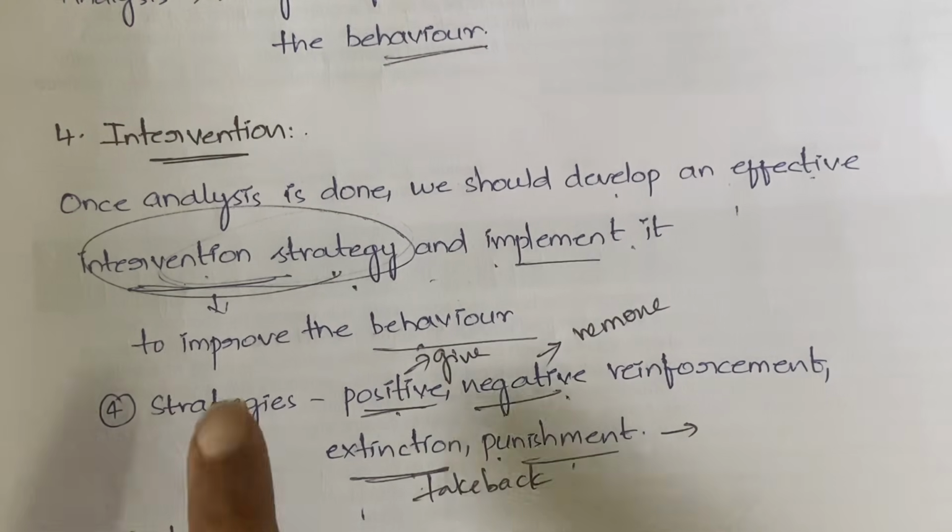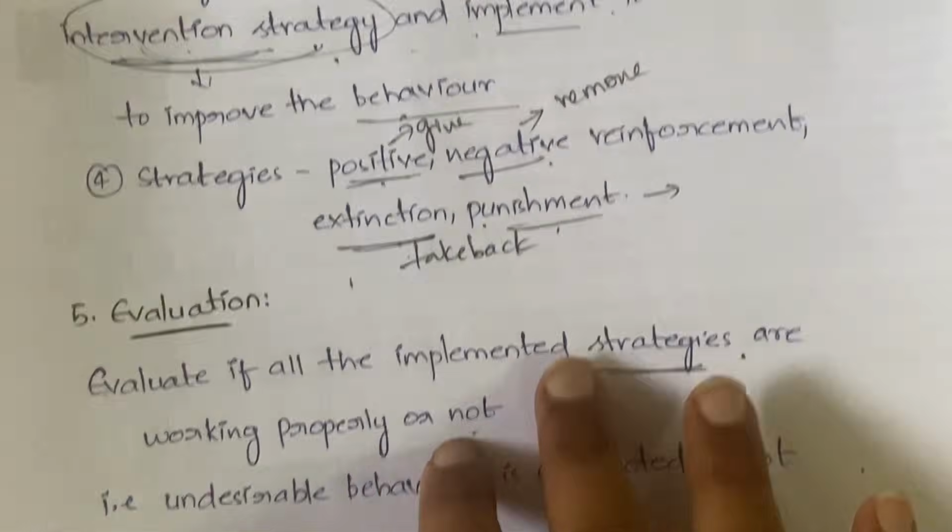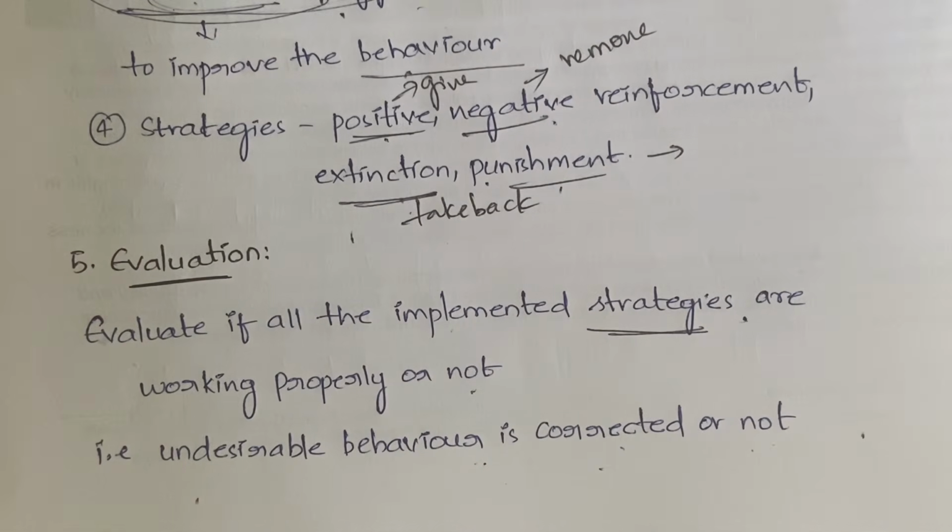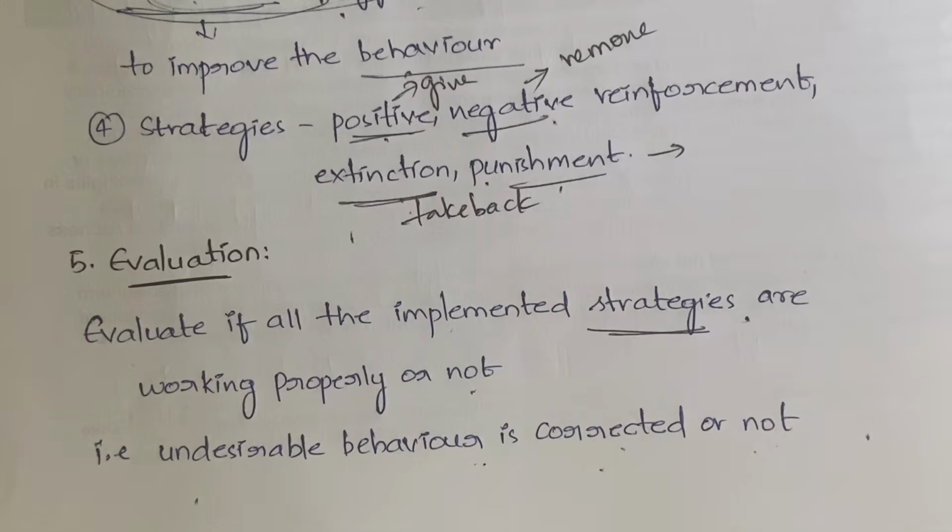For intervention, we have these 4 strategies. After intervention, you will evaluate whether you have done everything properly, whether the intervention strategy is changing the behavior of the organization or not. So this is the process of behavioral modification. All these 5 steps you have to follow in order to improve the behavior of an organization.